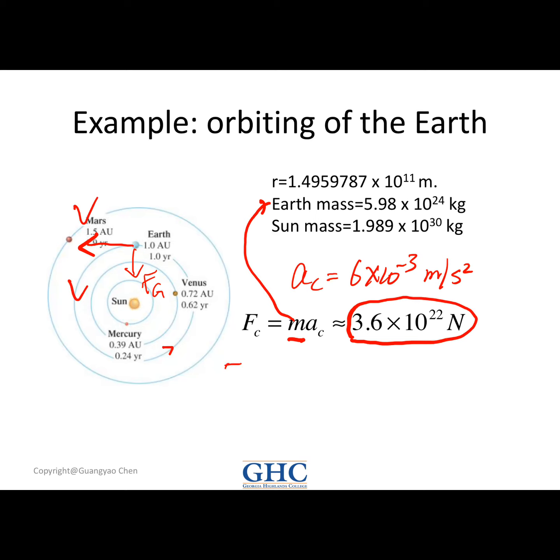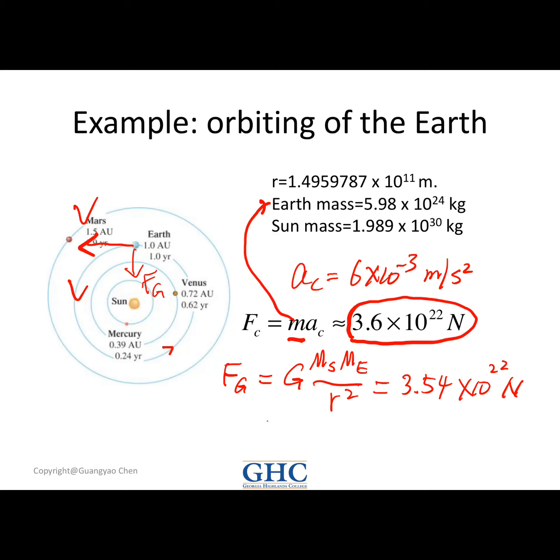So let's calculate the gravitational force between the Earth and the Sun. You need to use this universal law of gravity, with the mass of Sun, mass of Earth, and distance between the Sun and Earth. To plug in all the numbers, you should get 3.54 times 10 to the 22 Newton.